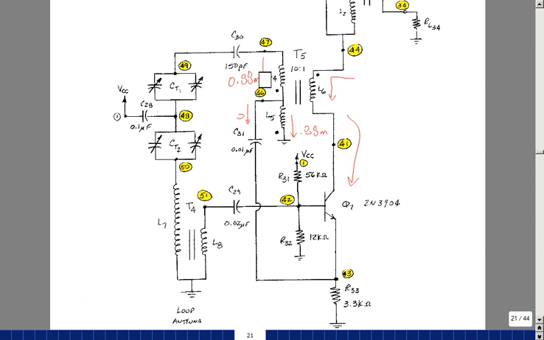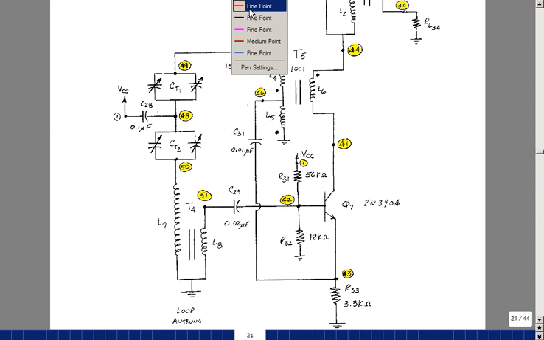Now let's take a look at what happens. Let me erase this. At the next instant in time, I called T2, and I mark that with a purple dot. So let me go back and grab that. At that instant in time, the current in L4 is actually equal to 0. And the current in L5 is equal to minus 1.46. In other words, it's going in this direction.